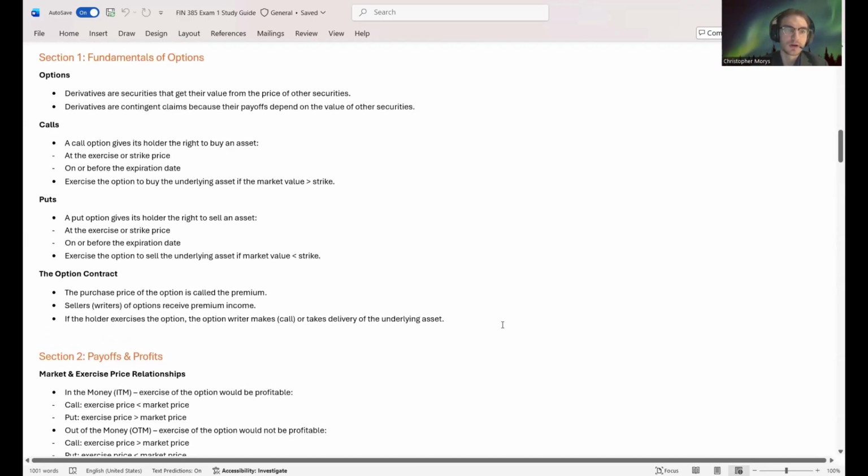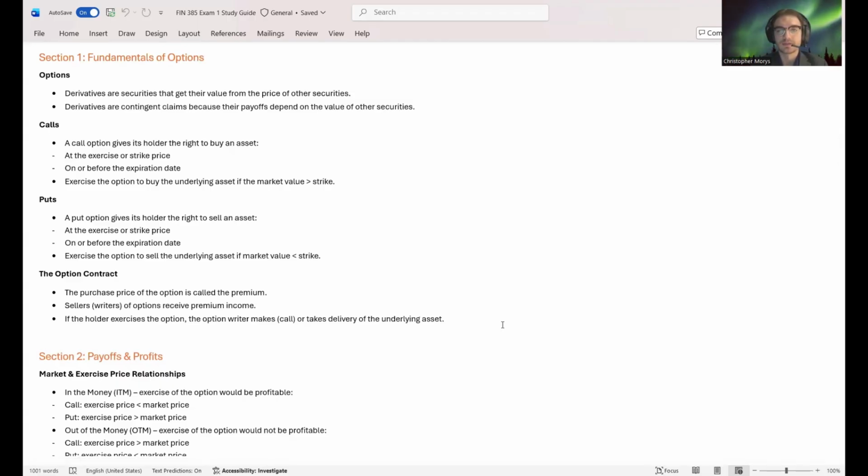So in options trading, there are two options you could trade, a call and a put. And the first type of option, a call, gives its holder the right to buy an asset.